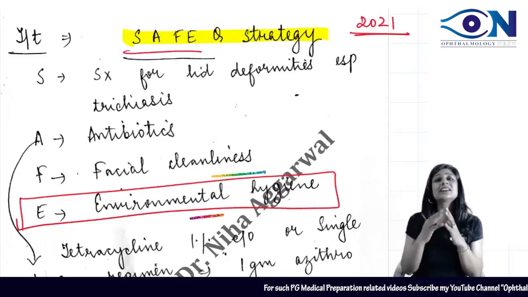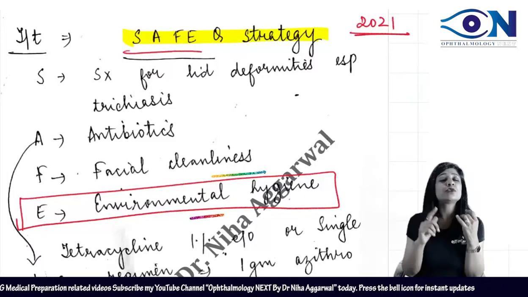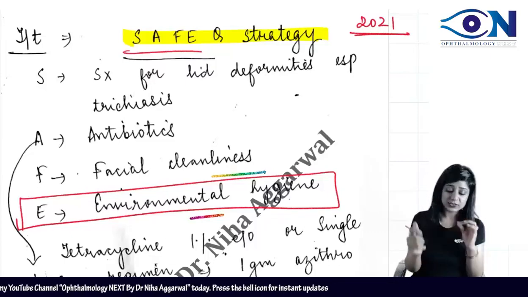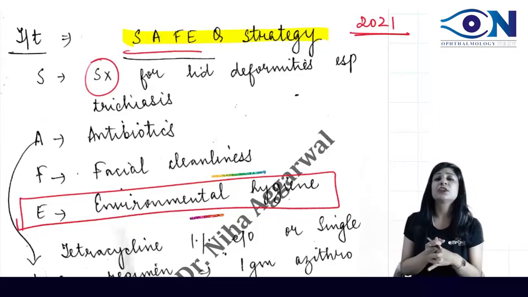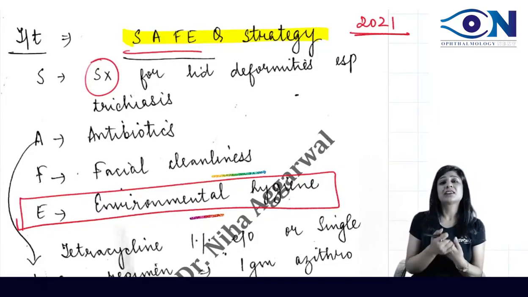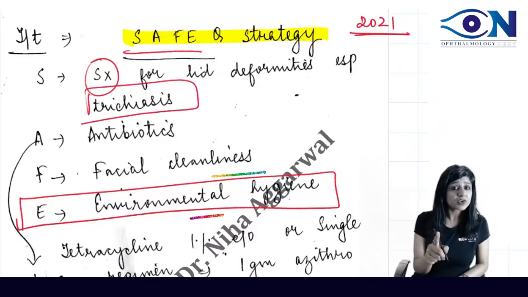Now see, these are the things you cannot change according to your language. You have to abide with the fixed words. So as for the surgery, basically we are doing it for the lid deformities, and the most common is your trichiasis. We have already discussed what is trichiasis.